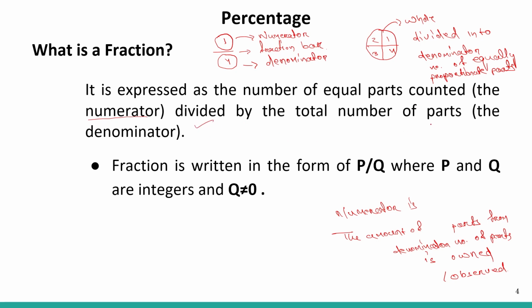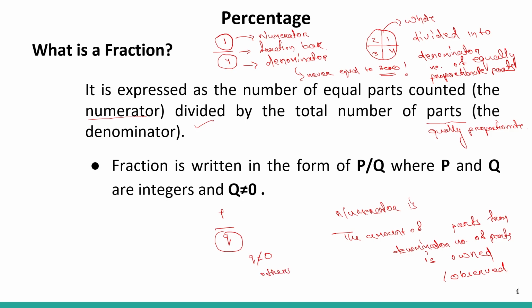So all the parts are equally proportionate. A fraction is written in the form of P by Q. Another point to be noted is that in P by Q, the denominator is never equal to 0. This needs to be remembered: Q is not equal to 0.